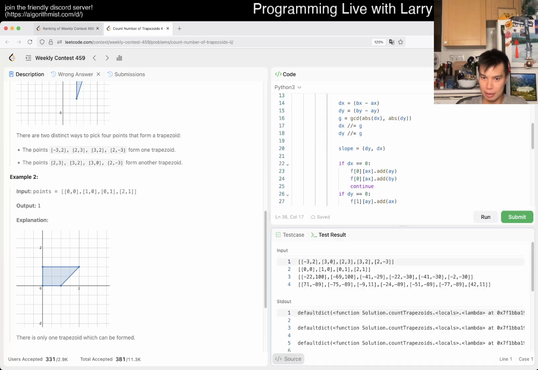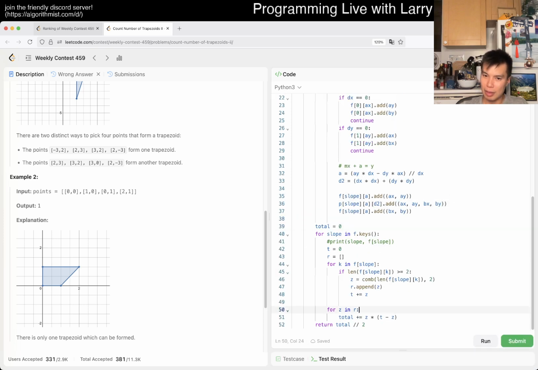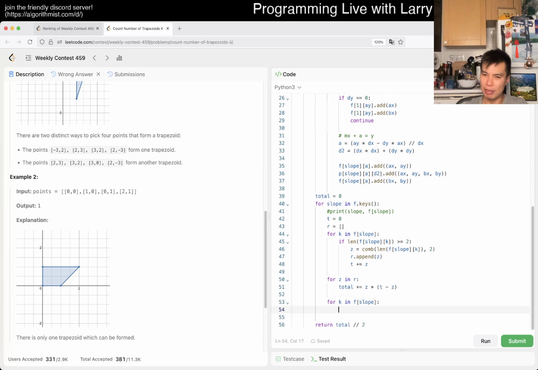Run it real quick, no crash, pretty good. Okay, and then now we'll try to find the parallelograms here. Okay, these are whatever. Let's just ignore those for now. And then now for parallelograms for K and F slope. What is K again? K is A, so it's just for every intercept, and then we get the combination.